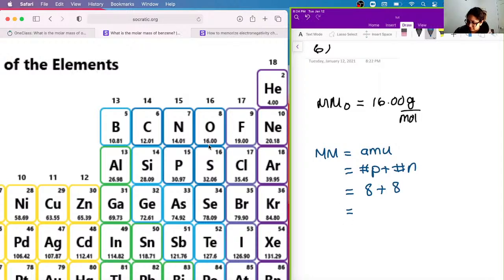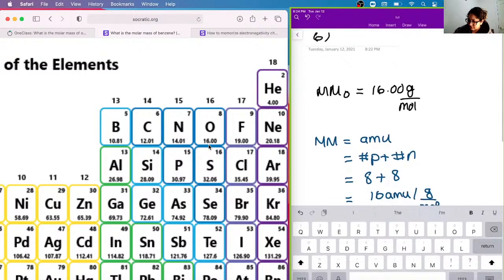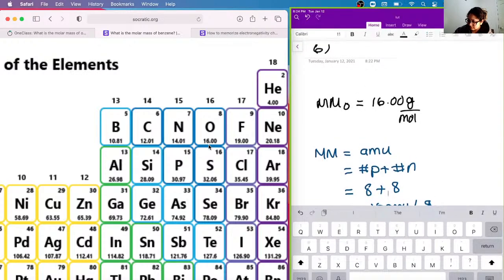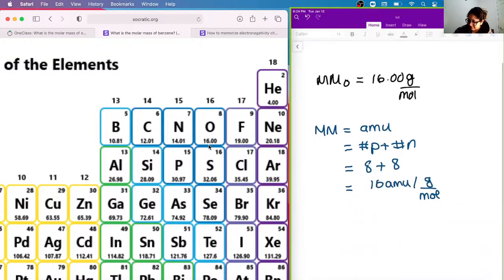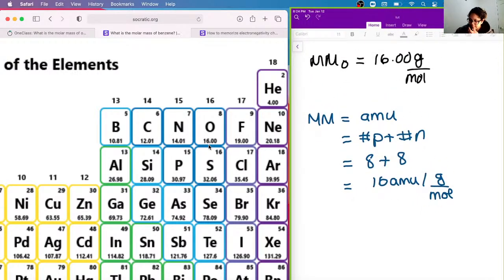And so you have an atomic mass of 16 AMU, or a molar mass of 16 grams. This is for one oxygen atom, okay? However, we know that oxygen is found as a diatomic molecule or gas, right?